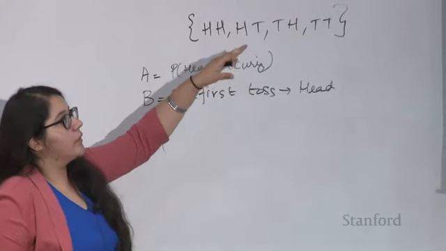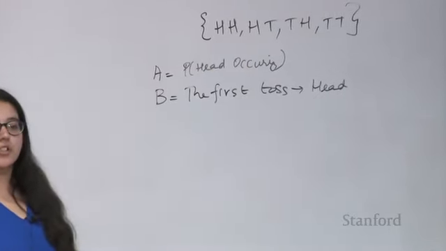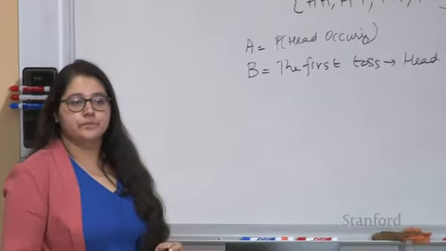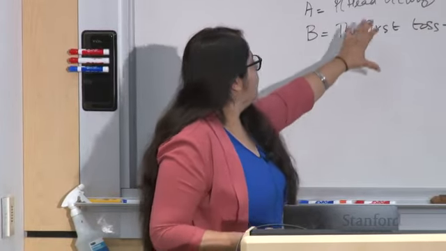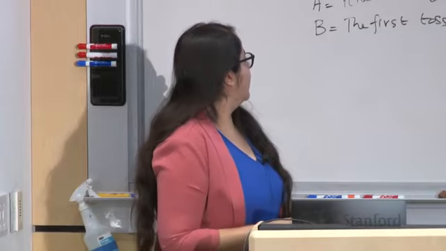Can anyone tell me what will be the probability of A given that B has already happened? Will it be 1? Why will it be 1? Can you explain your answer? Because if the first toss is head, then the head has already occurred.